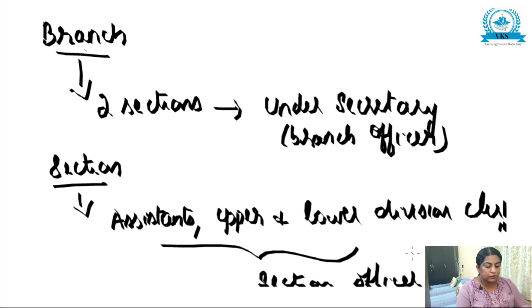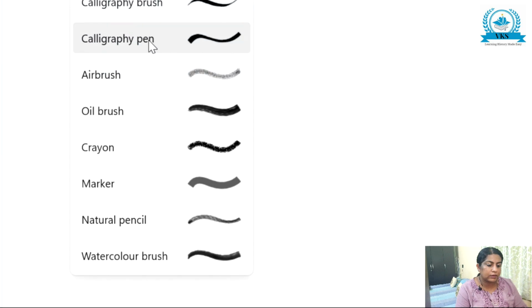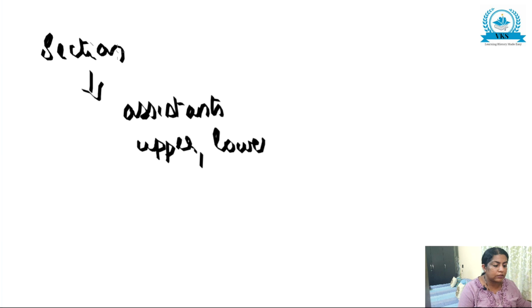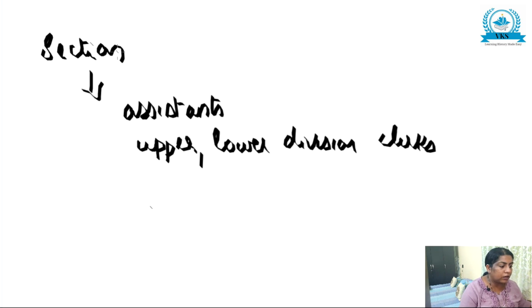So here, if you see the sections, I will write the points again. A section consists of assistants, then upper and lower division clerks, and they are headed by the section officer.